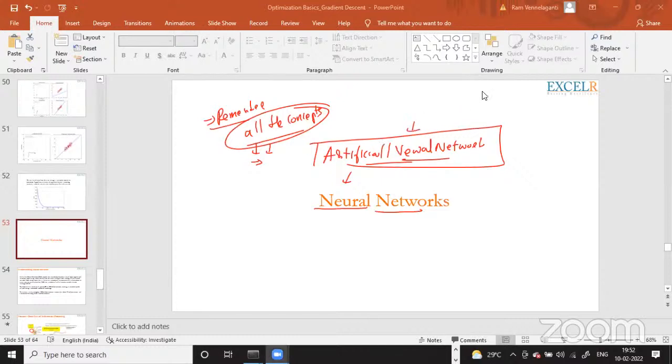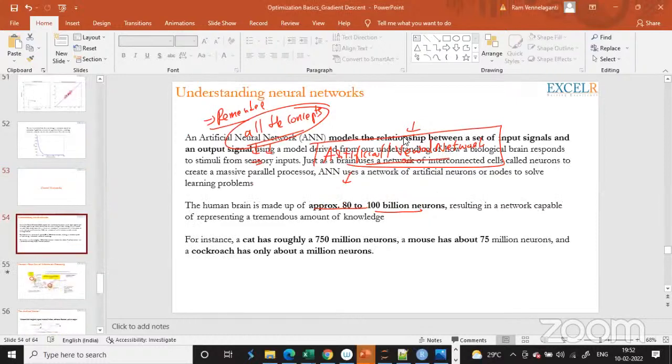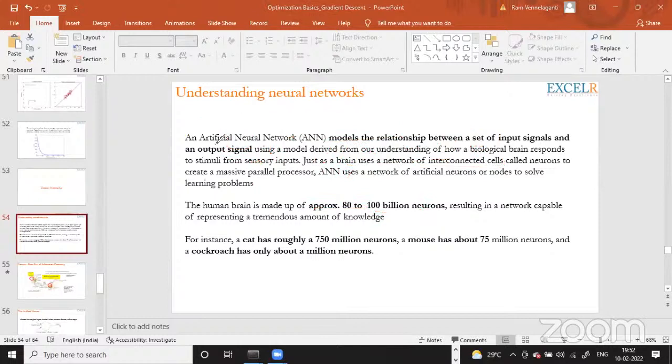Under this, we are going to discuss artificial neural networks first. An artificial neural network models the relationship between a set of input signals and an output signal.